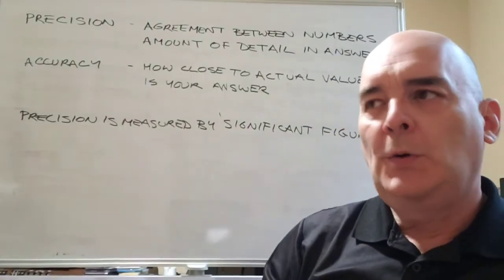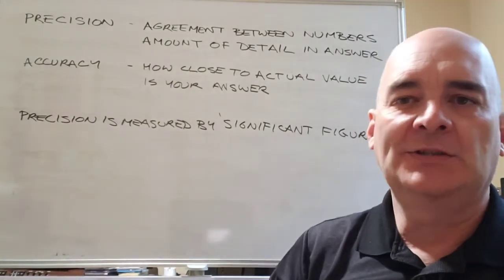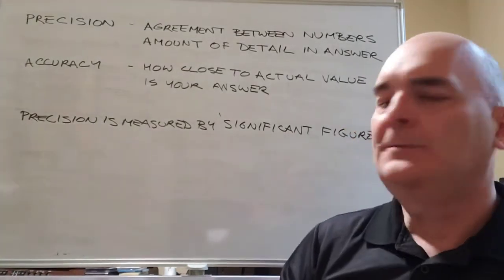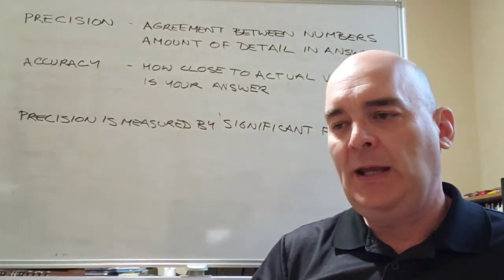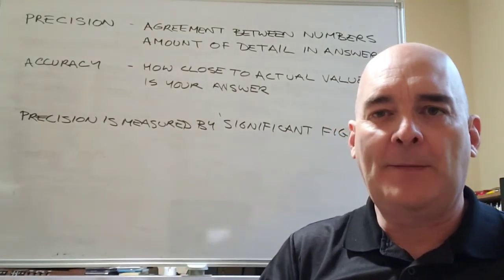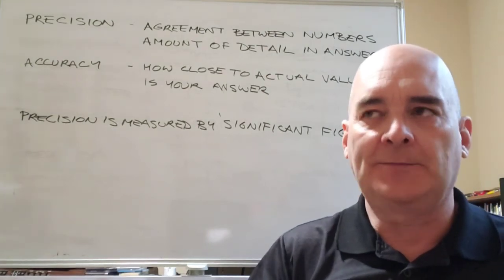When it comes to measured data, there are two things that we have to take into account. There is precision and accuracy. Precision is a measure of the amount of detail that is in your answer.